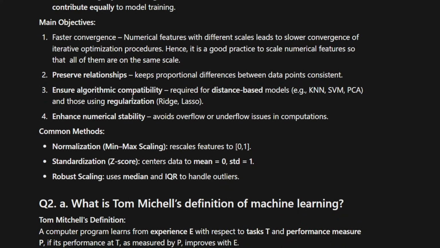Preserve relationships: keeps proportional differences between data points consistent. Ensure algorithm compatibility. As we saw in imputation, this is similar. The algorithms that you are using assume that the dataset you are inputting is scaled properly, so they require scaled datasets.